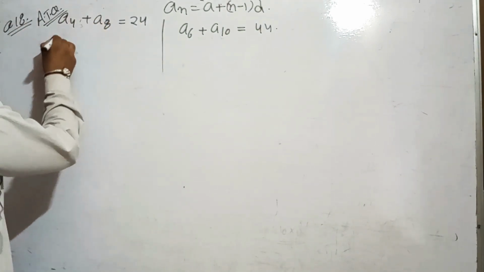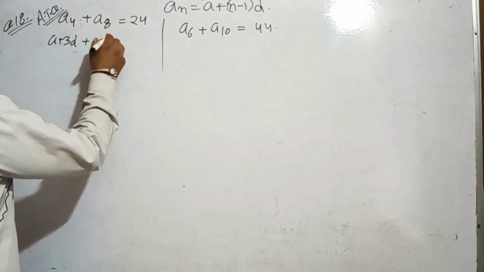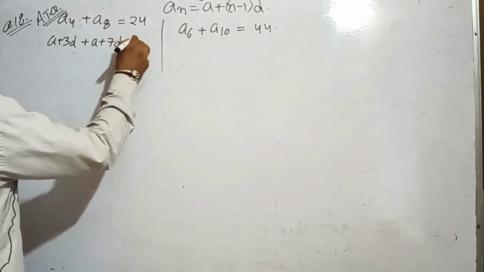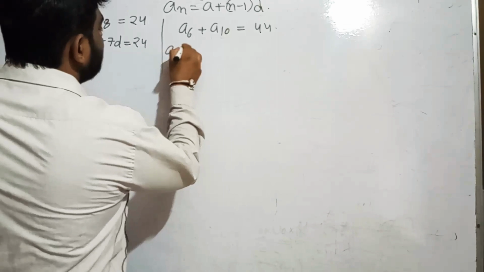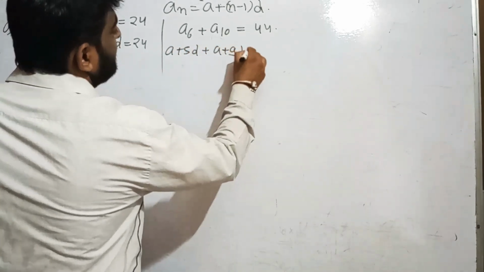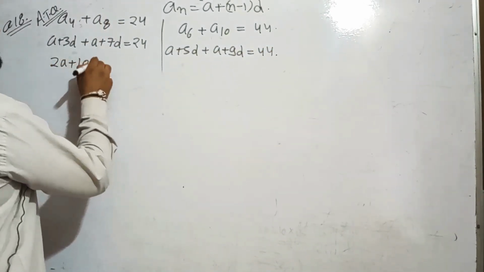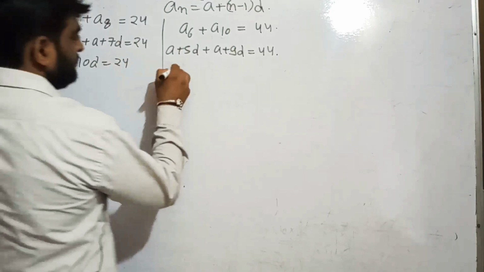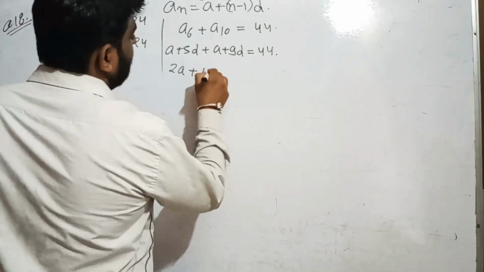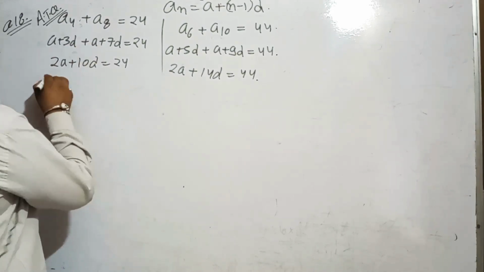So a4 we write as a plus 3d, as we discussed earlier, and a8 we write as a plus 7d, equals 24. a6 we write as a plus 5d, a10 we write as a plus 9d, equals 44, students. So here 2a plus 10d equals 24, and here 2a plus 14d equals 44.